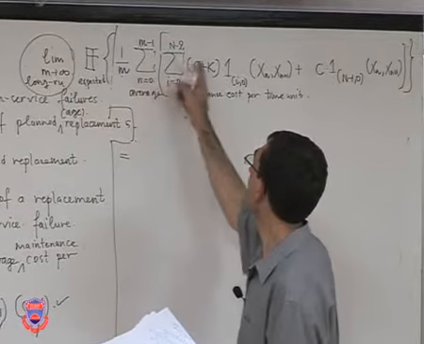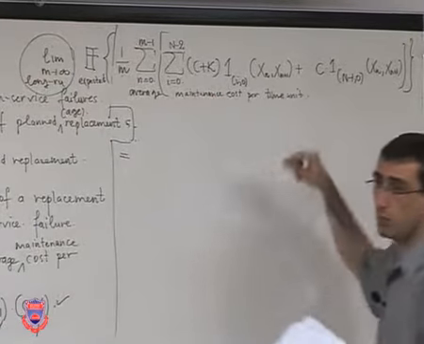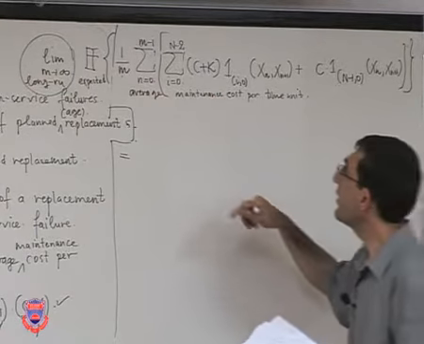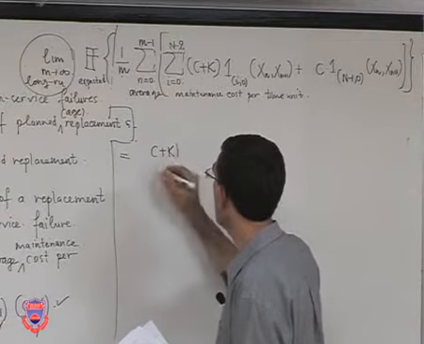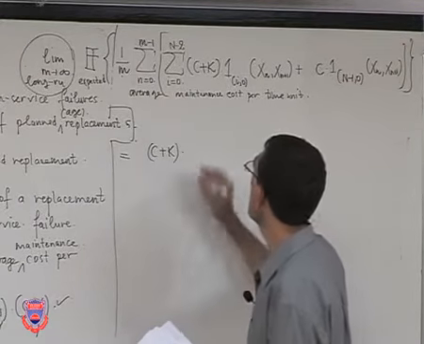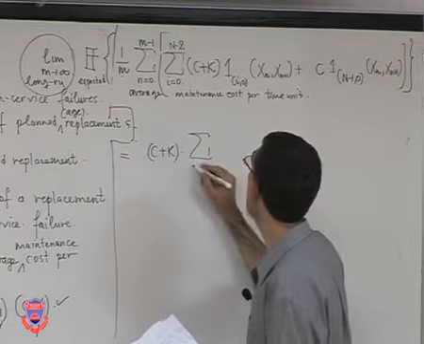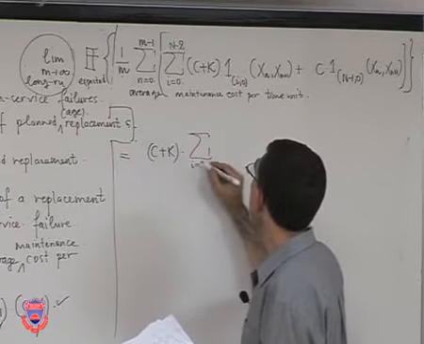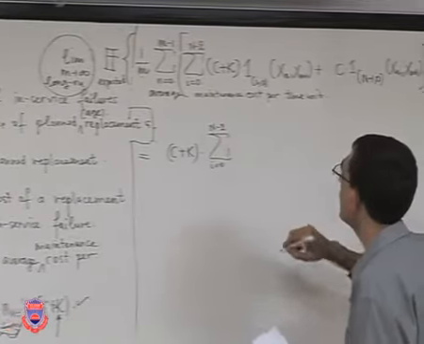We can just take this sum all the way out, and all these constants we can also pull out, and rearrange this as c plus k times this sum over i as i changes from 0 to n minus 2.